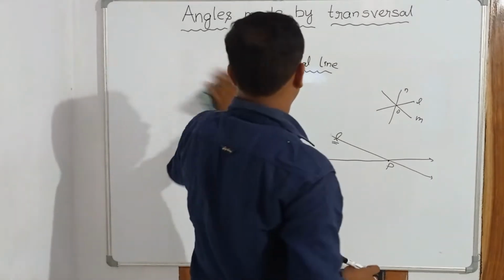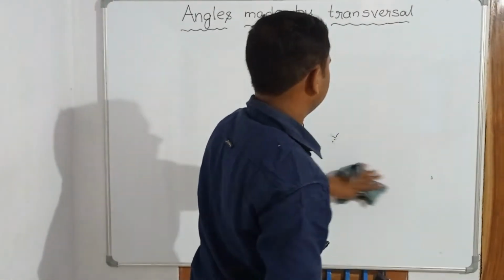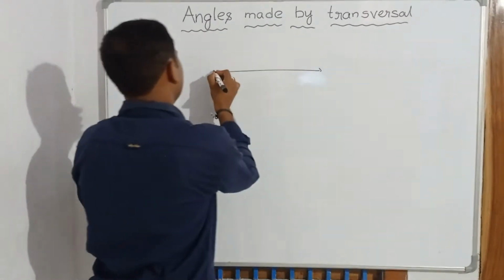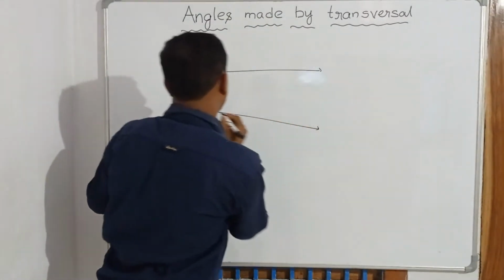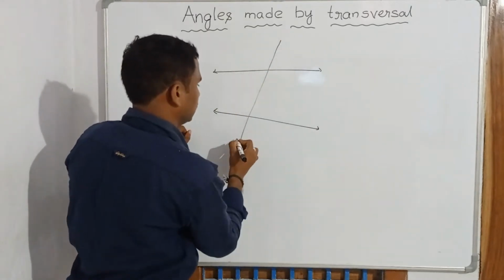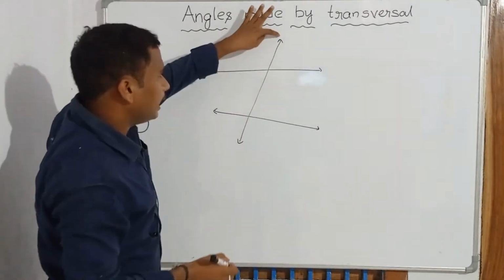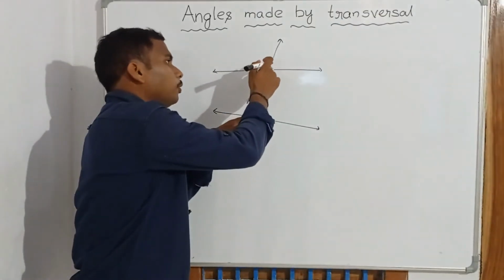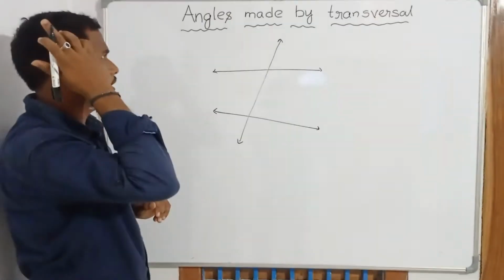Now, understood transversal line? For example, this is one line and this is one line. This is a transversal line because this line is passing through two lines at distinct points, different points. Okay.